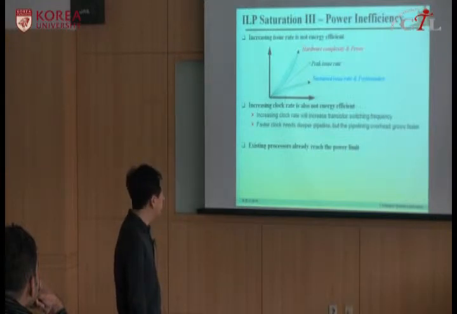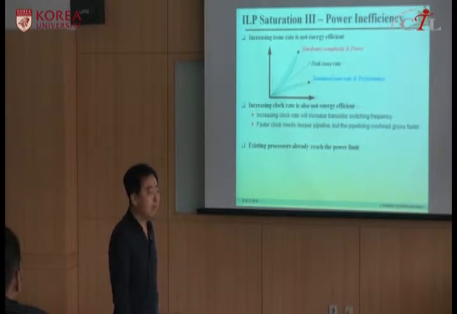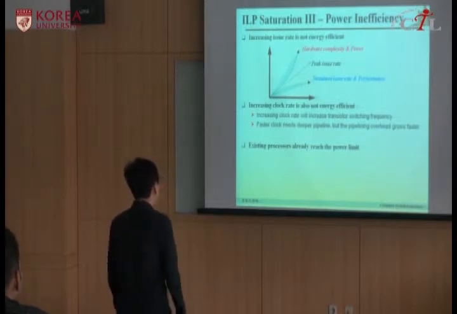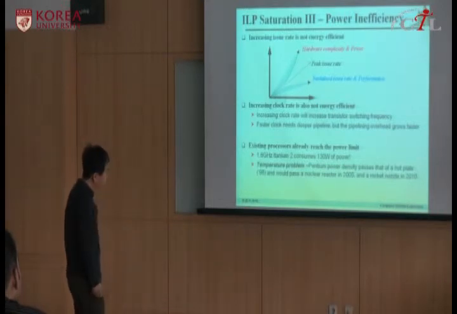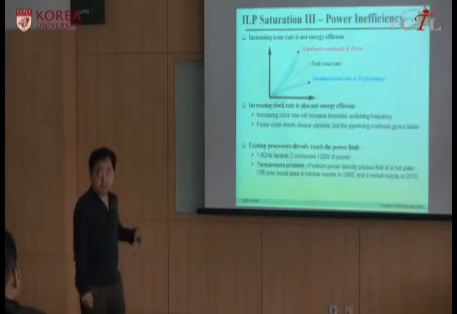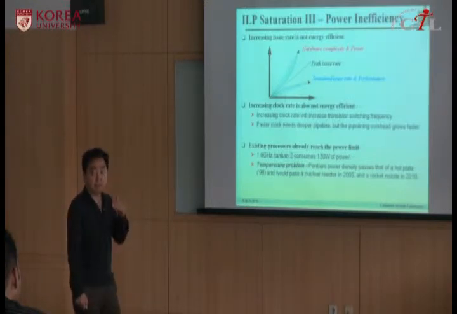The other problem, which is quite significant, is power consumption. It already reached the power limit. The 1.6 gigahertz Itanium-2, when it was announced, consumed 130 watts of power, and that's the maximum power budget.